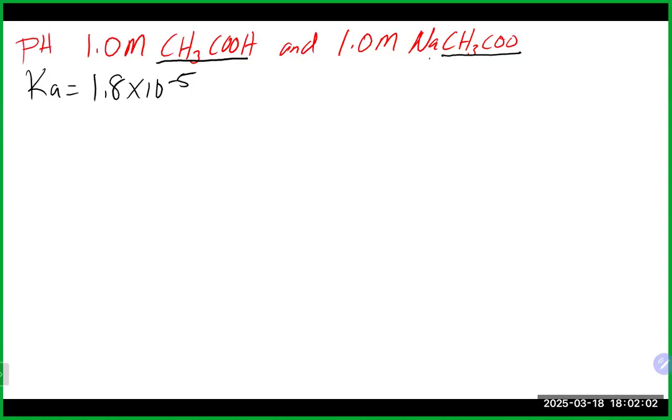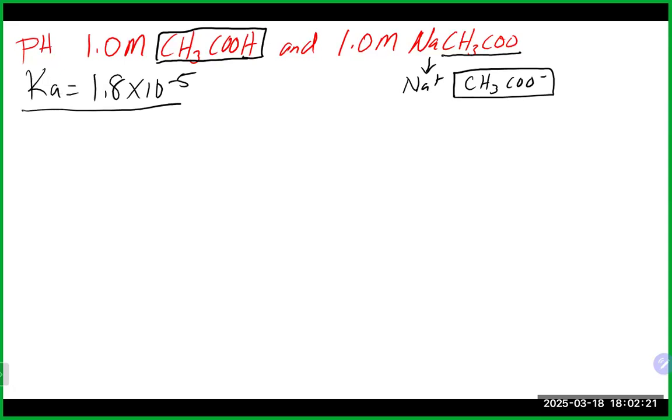This is Na plus and acetate, and if you look at this one and this one, the only difference is 1 H plus between them, which makes it really a buffer. By the way, it's not one of our 6 strong acids, so I know it's a weak acid. I also know it's a weak acid because there's a Ka value, right? So that gives me all that information.